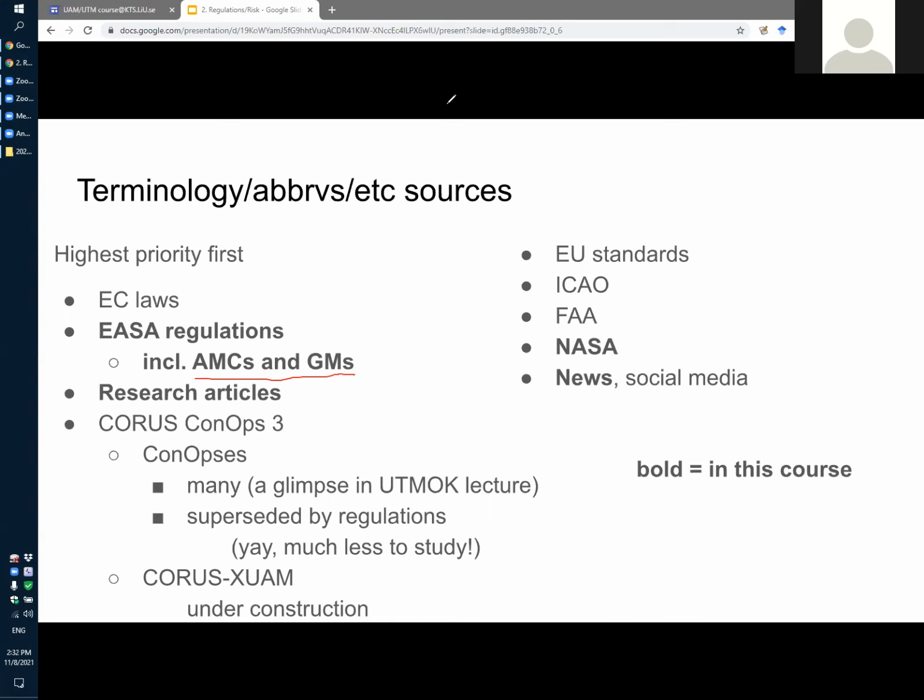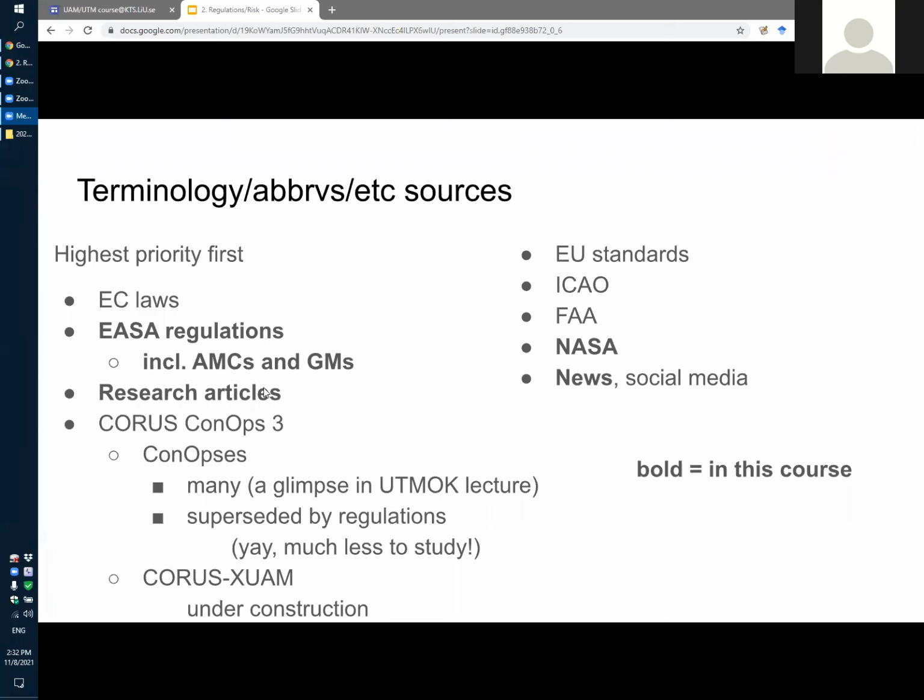They are good because they really explain the regulations, make them clearer, and show pictures. I will show pictures from AMCs and guidance materials. The more of these you have, the more clear and understandable the regulations are. So yes, regulations are the top priority for us.